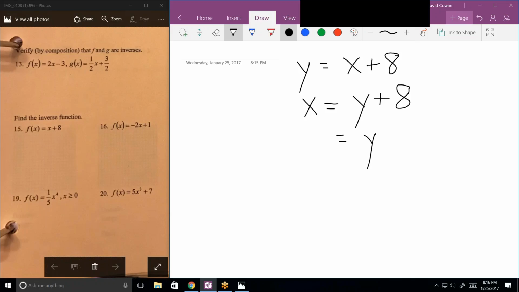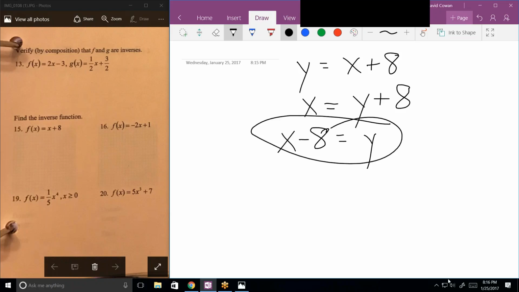Oh yeah, my bad. We're solving for y. Second rule is solve for y. First rule, switch the variables. Second rule, solve for y. So it'd be y is equal to x minus 8. That's its inverse. There's your inverse.